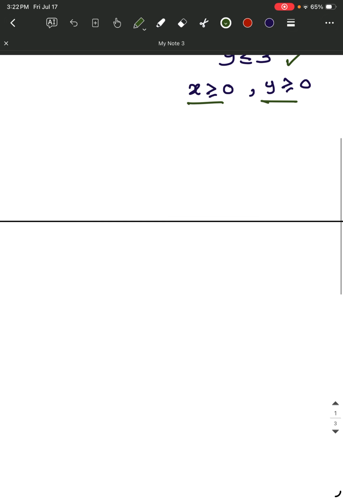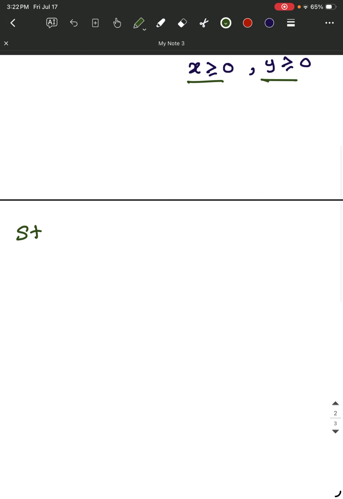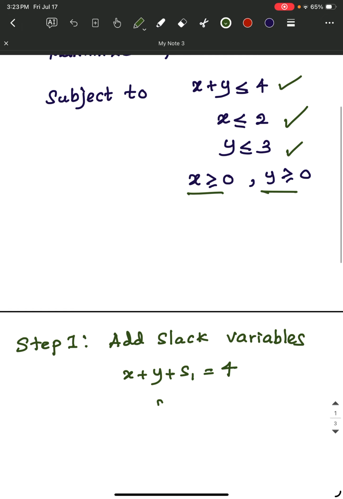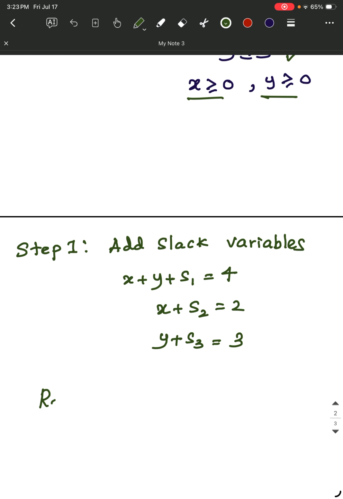Okay, now as the first step, let's introduce the slack variables. Step 1, add slack variables. x plus y plus s1 equals 4, x plus s2 equals 2, y plus s3 equals 3, and rewrite the objective function.